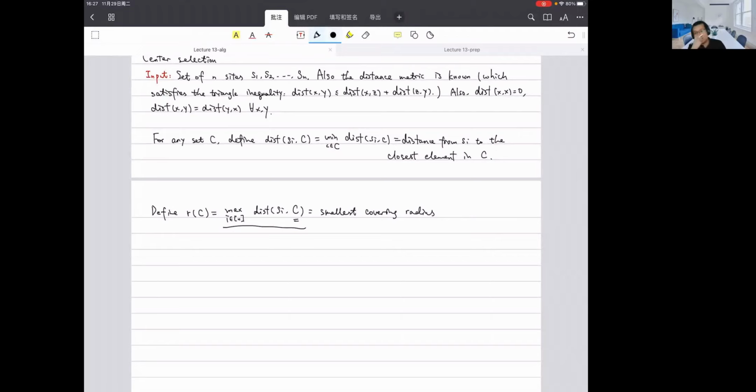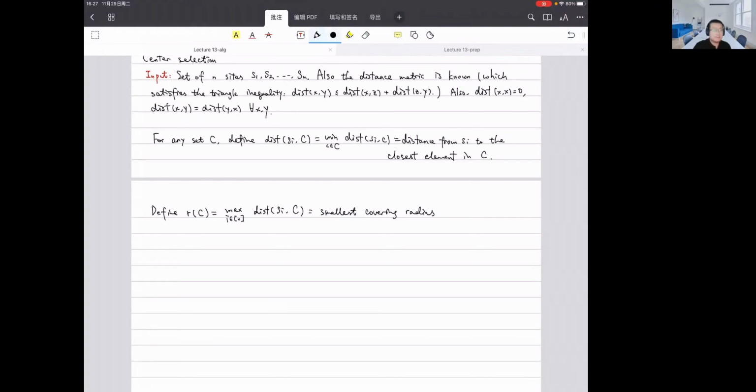If the radius you choose is smaller than r(C), some of the sites S_i will not be covered. But if you draw spheres with radius r(C), you will definitely cover all of the sites. This is called the covering radius.